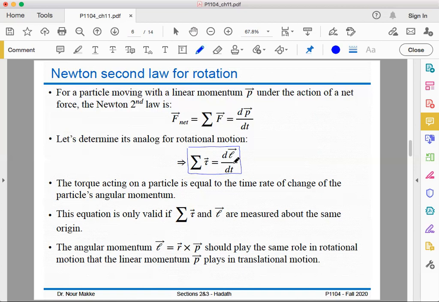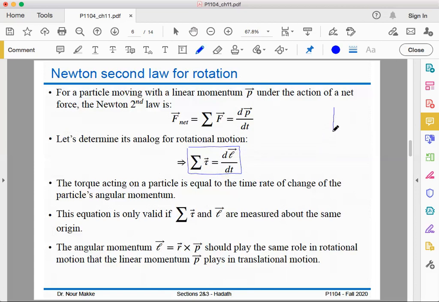Again, we have seen إنه التورك هي عبارة عن r cross F لما تكون البارتيكل عم تعمل rotational motion about a fixed point under the action of F. So tau, it's measured always with respect to some point, and L is also measured with respect to some point. So don't forget this. If you take the definition of L with respect to a given origin, which is different than the origin about which you define or you measure your torque, بصير غلط.